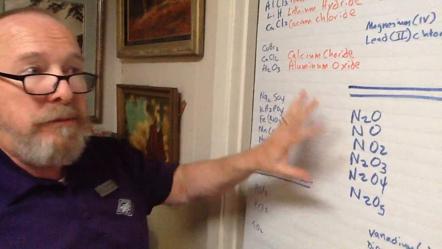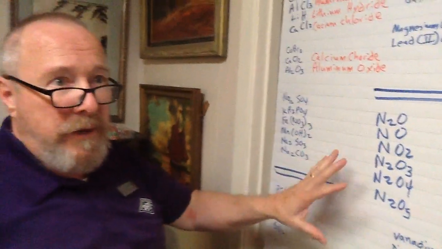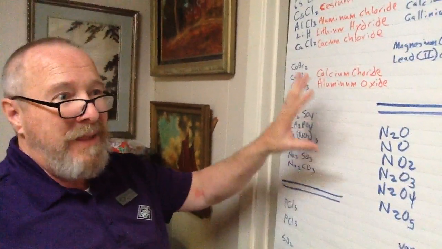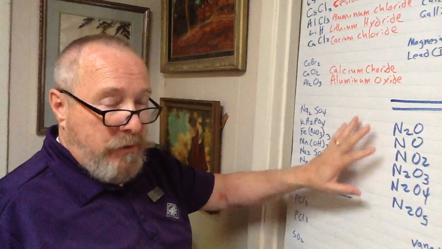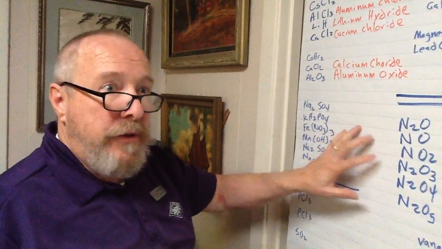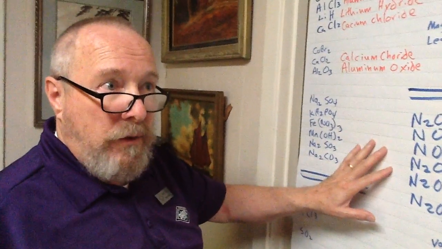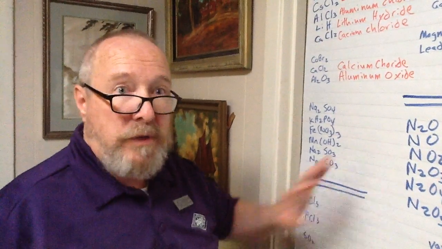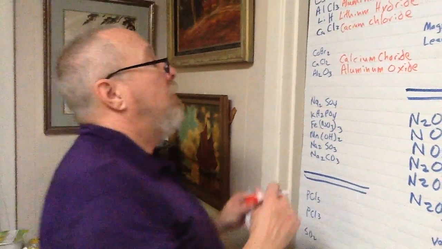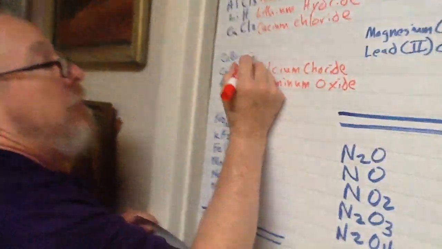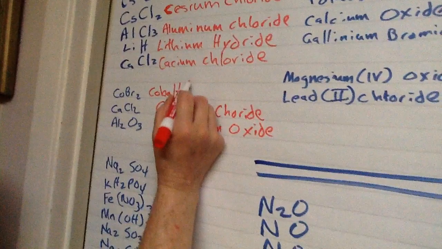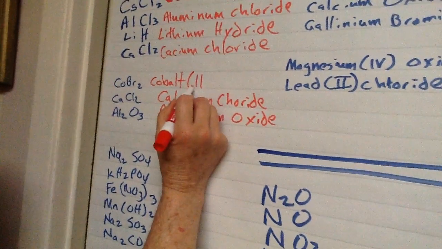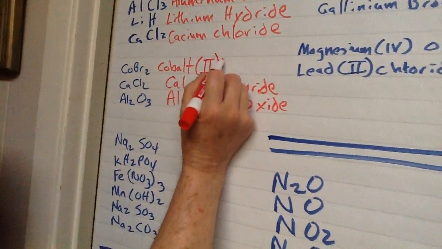When you look on your Flynn periodic table of the elements, and I'm sorry I don't have one at home and I can't get one right now, you will see when you look at those valences in the bottom right corner of the front side of the chart, the different valences that a metal or a substance can have, the most common one in bold type. And cobalt can have several valences. One of them is 2, so this is called cobalt, I have to specify the form with a Roman numeral 2, chloride.